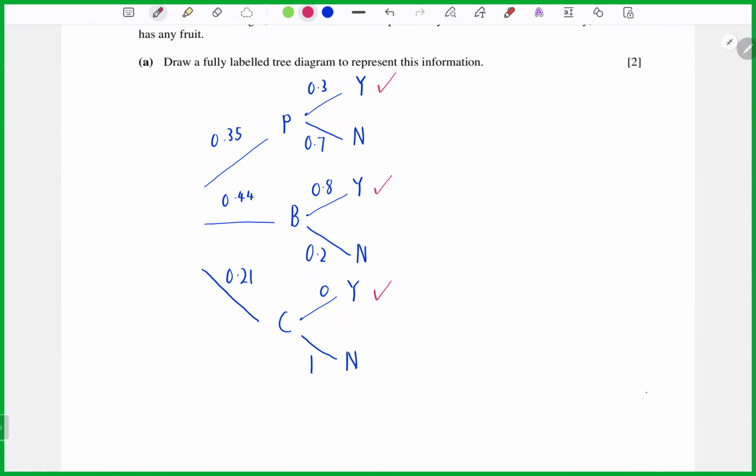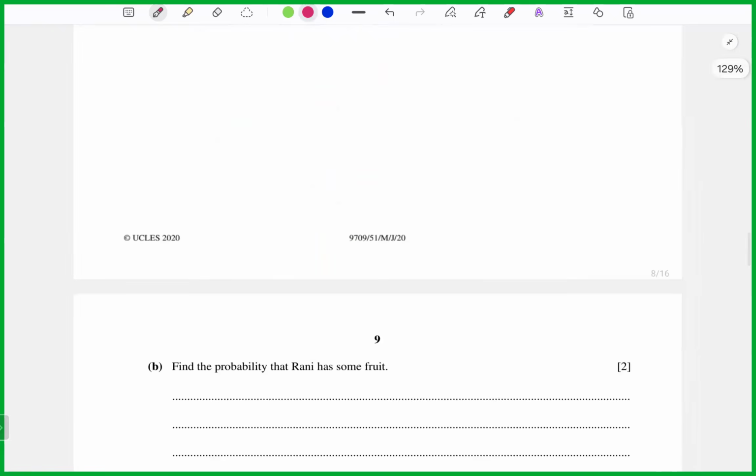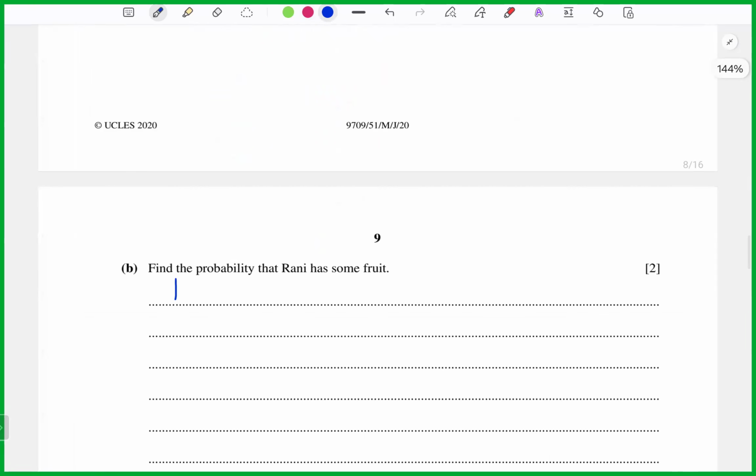It means she has some fruit, whether she has pizza, burgers, or curry. So now you can try to calculate. You can write here P(Rennie has some fruit).